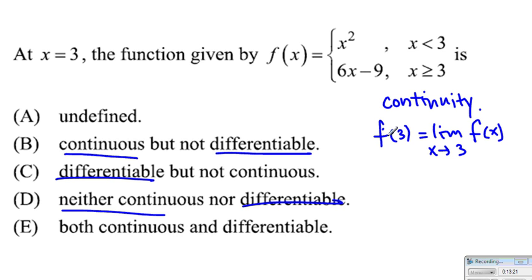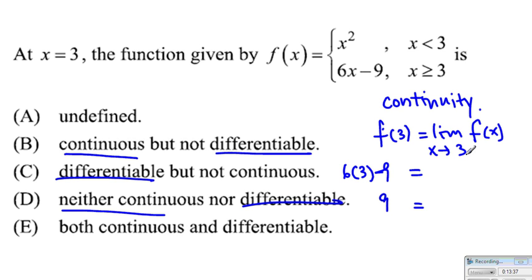Now, what is f of 3? That can be calculated from here, which is simply 6 times 3 minus 9, which is equal to 9. How about the limit as x approaches 3?